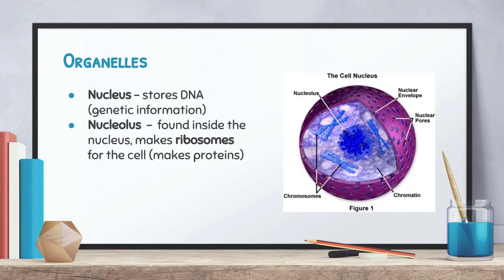So we'll probably dive into ribosomes a little bit more later on in the video, but the nucleus is in the center, which stores the DNA. You can even see the chromosomes that are inside of the nucleus. And the nucleolus, found inside the nucleus, makes ribosomes that are essential for making proteins. And if you remember from our last unit, proteins are absolutely essential for cells to be able to function.